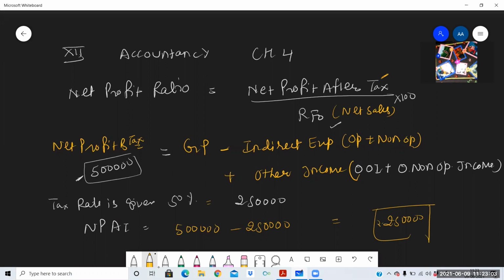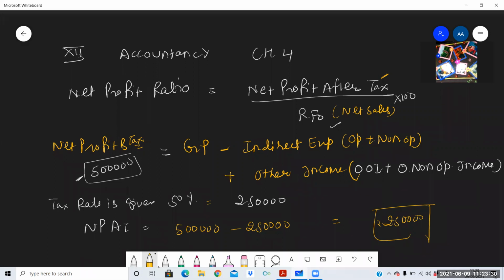But if the question is silent about the tax rate, and the tax rate is not given separately, then we will assume that whatever the profit is, that is the net profit after tax. So we assume the tax is 0 or taxes are already subtracted.